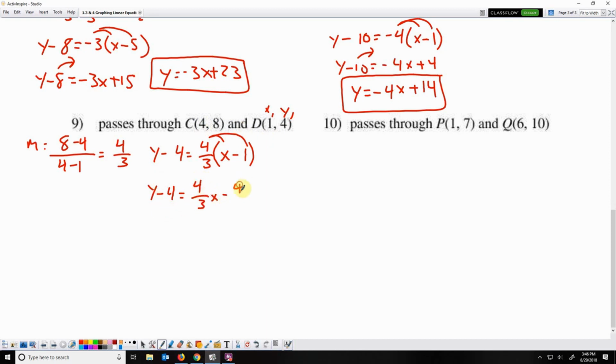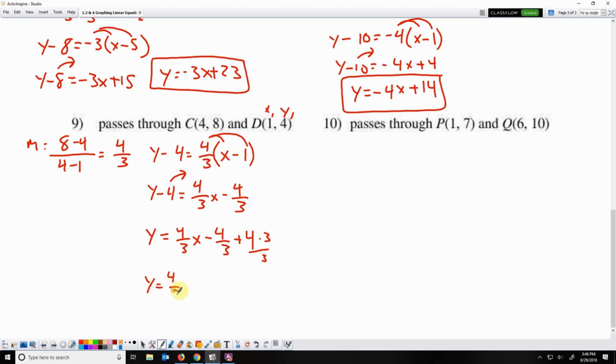4/3 x minus 4/3. So I need to add this 4 to the other side. And I'm going to take a couple steps to do that, just to show you how this works. 4/3 x minus 4/3 plus 4. Now I need a common denominator here, so times 3 on top and bottom.